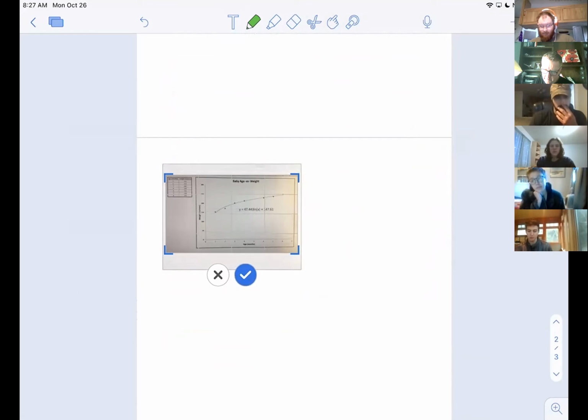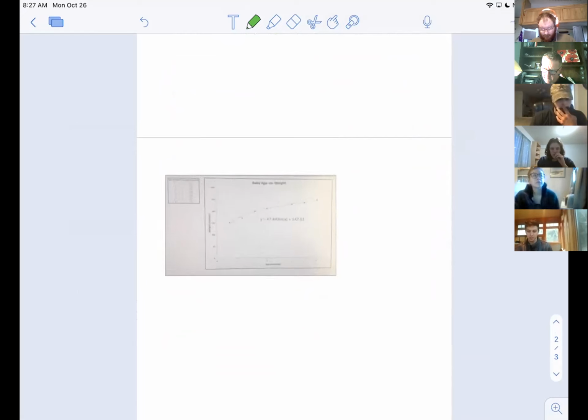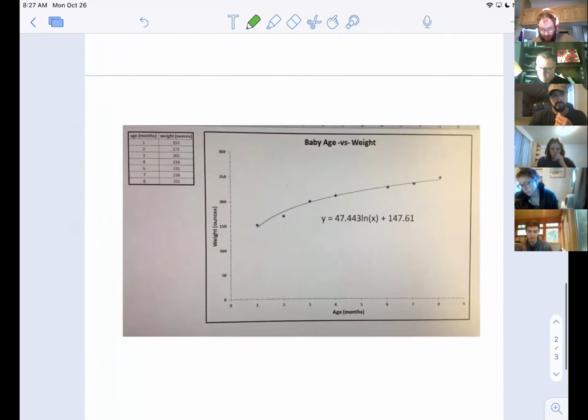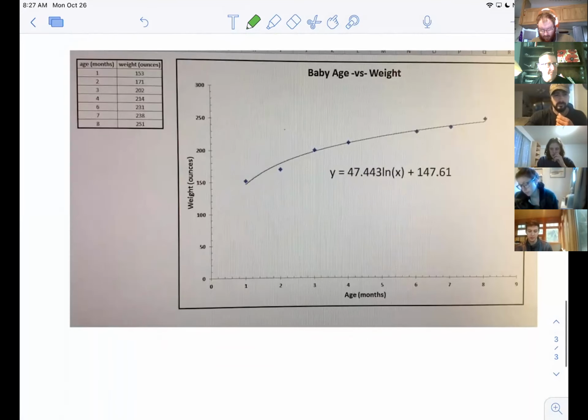Get rid of some of that extraneous junk. So what's the derivative of that? Notice it's not so bad because it just says natural log of x. It's not chain rule. It's just natural log of x. It's not natural log of some junk.